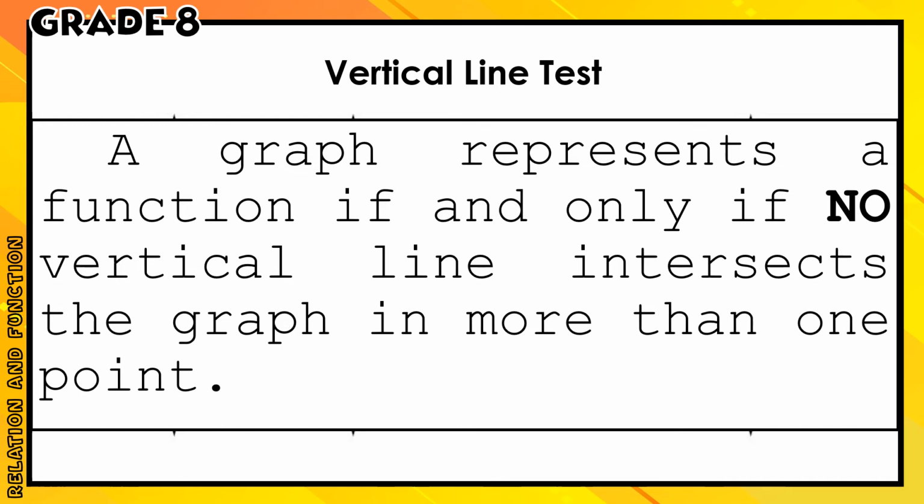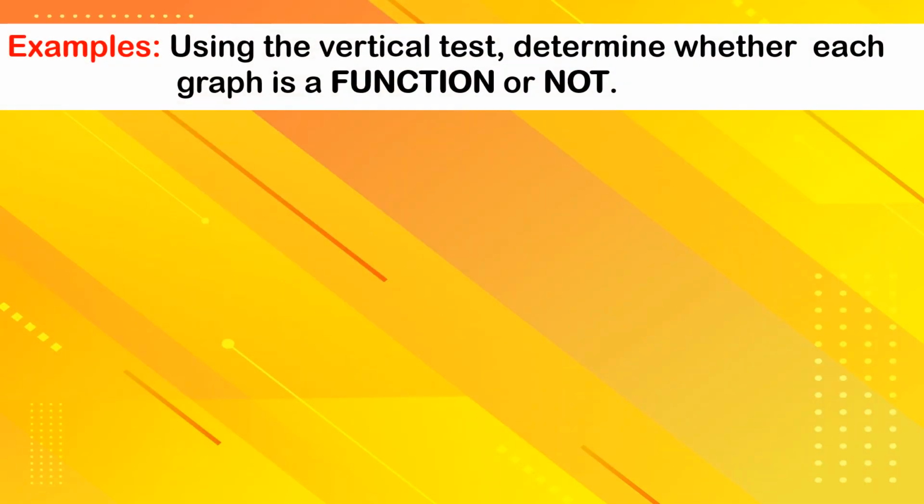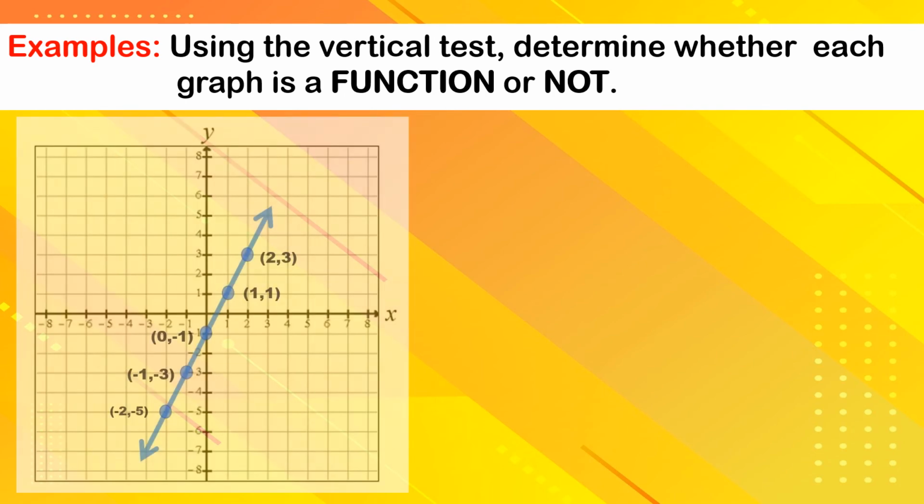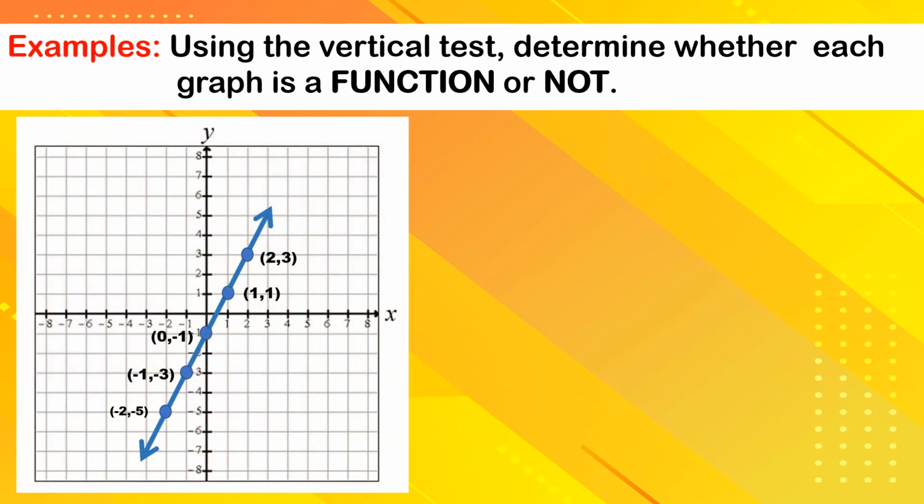Let's have this example. So we are asked to use the vertical line test to determine if the given graph is a function or not a function. Let's have this one. We have this graph and we need a vertical line to use the vertical line test. Sabi lang daw dyan, pag dumaan yung vertical line sa graph o yung red line sa graph, dapat daw yung isa lang yung point na madadaanan niya or one at a time.